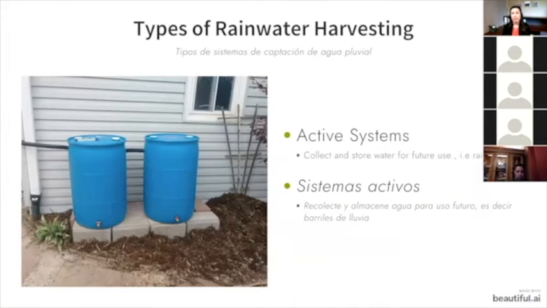There are two main types of rainwater harvesting. One is active systems, which collect and store water for future use. An example of this would be rain barrels. This cannot be used in the commercial setting without special permissions; Denver Water has done this, but that's part of a demonstration area. But on a residential scale, you can collect rainwater.